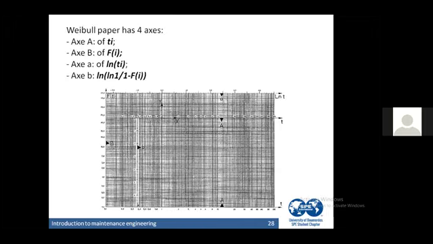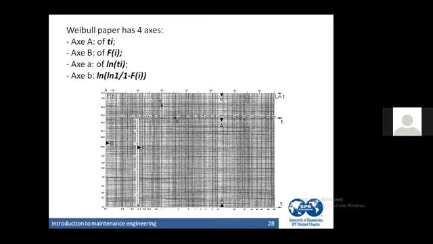Now let's go back to the Weibull paper in order to understand it. The Weibull paper has 4 different axes. The first axis that we refer to here by uppercase I is the axis of Ti, or the TBFs of the equipment. And the axis that we refer to with uppercase B is for the Fi that we already calculated using the first law.